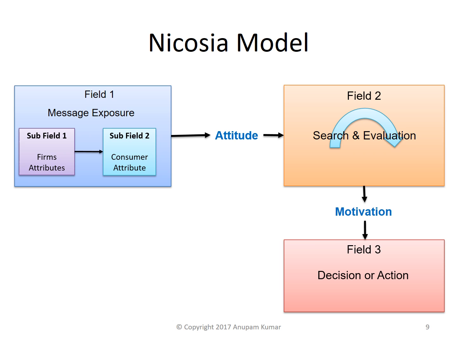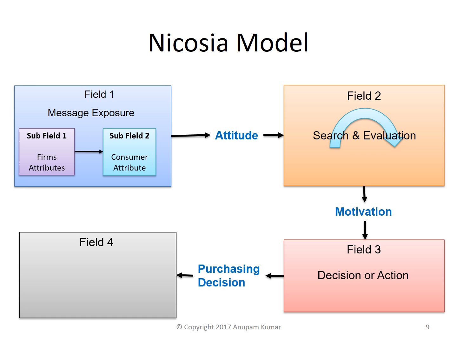This action or decision takes place in the third field, which results in showing a purchase decision. In case this purchase decision results in the purchase of a product and consumption, it leads to the experience, which is again fed back within the first field in the consumer's attribute.